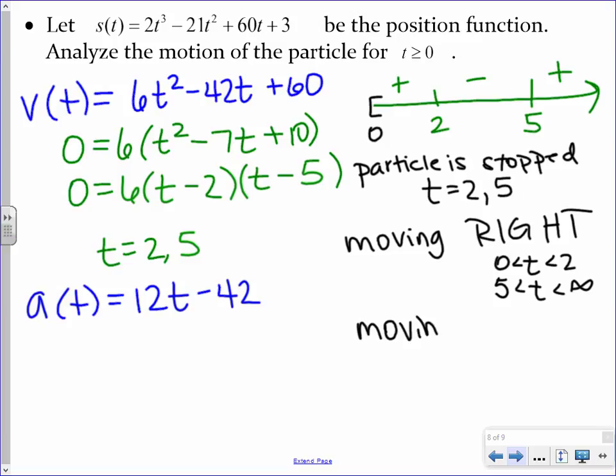We know that our particle is moving left when time is between 2 and 5. Between 2 and 5, we have negative velocity, so our particle is moving left. Every other time, we have positive velocity, so our particle is moving right.